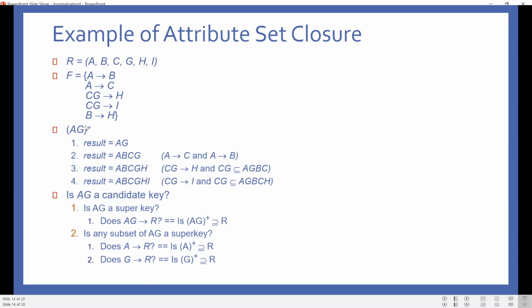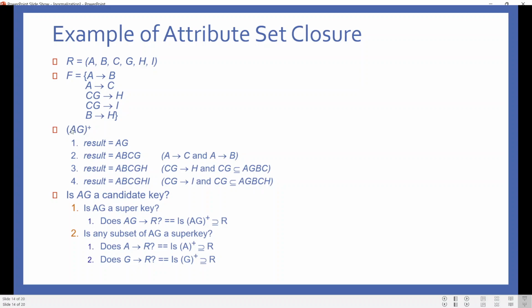Now you have a super key, and what is the definition of a candidate key? A candidate key means that none of the subsets of the super key should determine the relation R. The complete relation shouldn't be determined by any subset of it. Then you can say that is a candidate key.